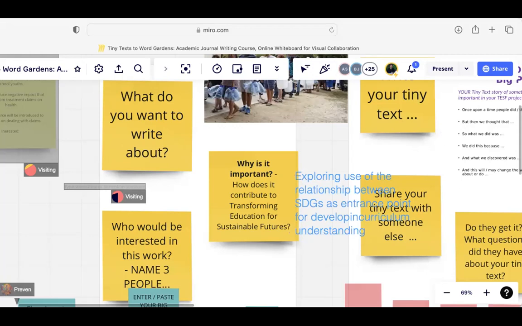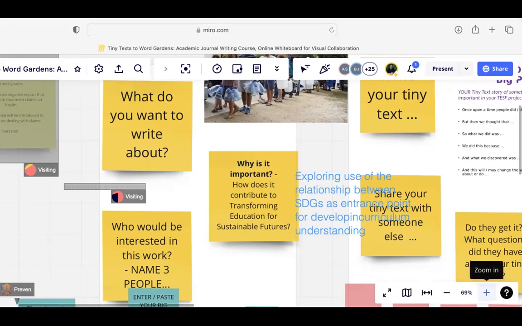I found it very difficult when you said, why is it important? It's quite abstract in my brain, and I came to this writing course with an abstract idea in my mind, but actually having to put it down in words was quite tricky. And then when you moved on to saying, who is going to be interested in my work?